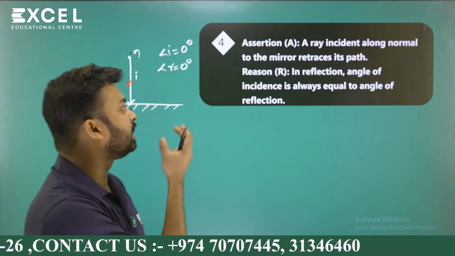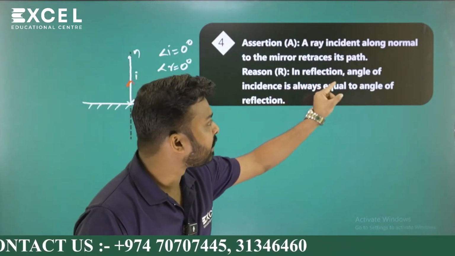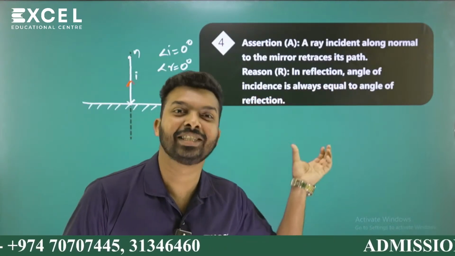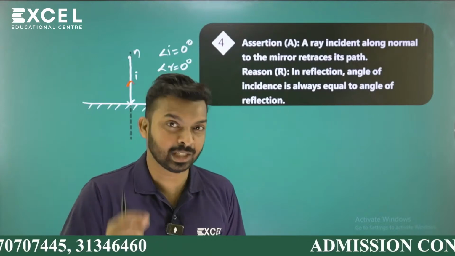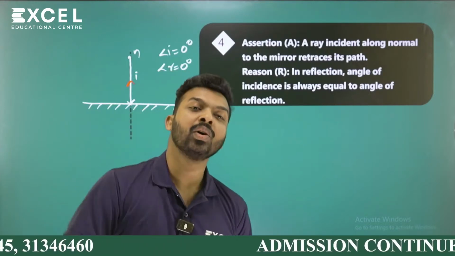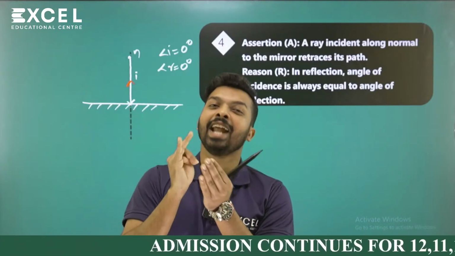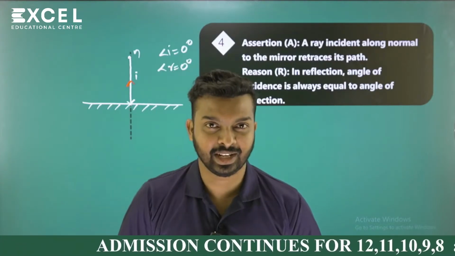Okay, let's go for the reason. In reflection, angle of incidence is always equal to angle of reflection, and that is a law of reflection. There is one more law. What is that law? Incident ray, reflected ray, and the normal lie in the same plane.